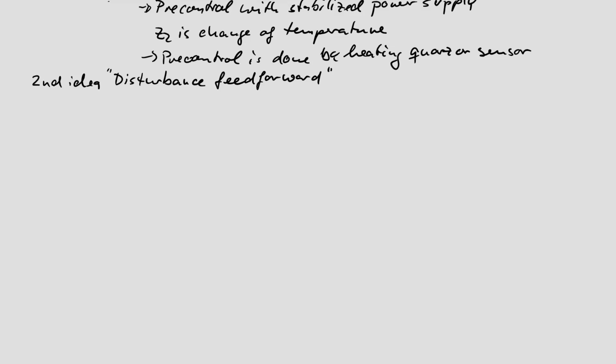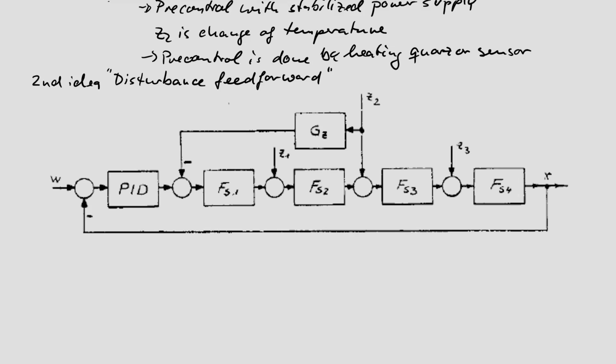I take the picture from the workbook. Note what happens now with Z2. Here Z2 has a junction point, no interruption. That means I measure Z2. So you need, and that is the important thing, if this is available and not too expensive, an additional disturbance sensor.